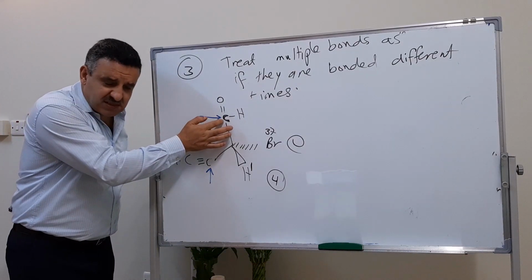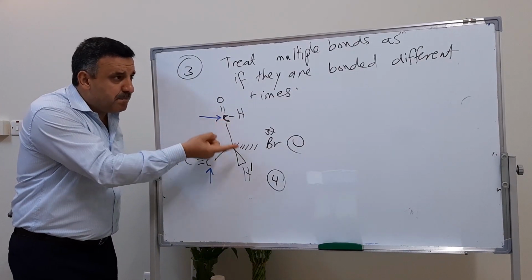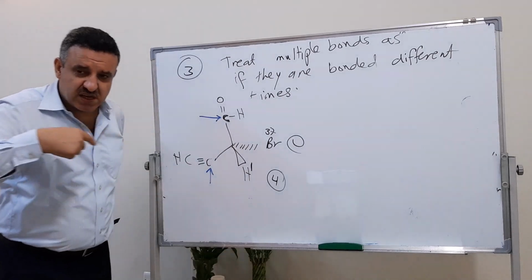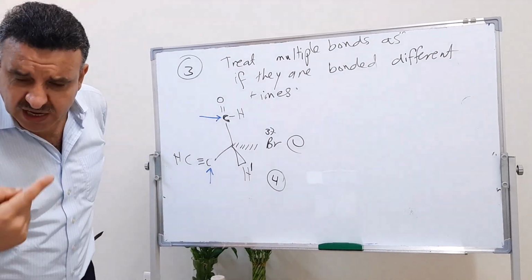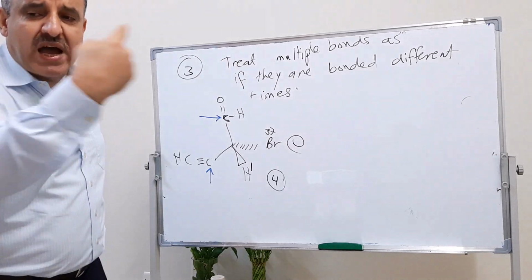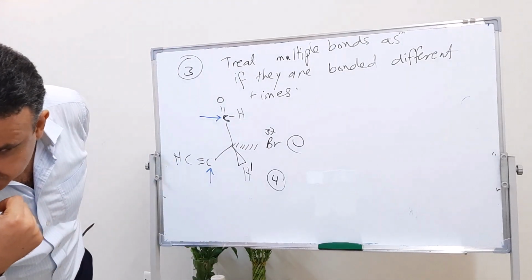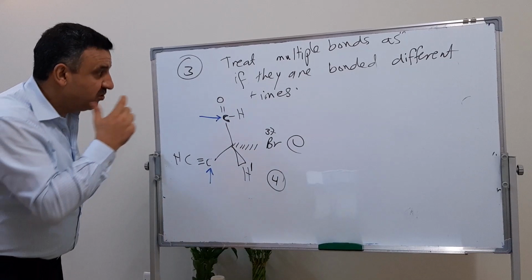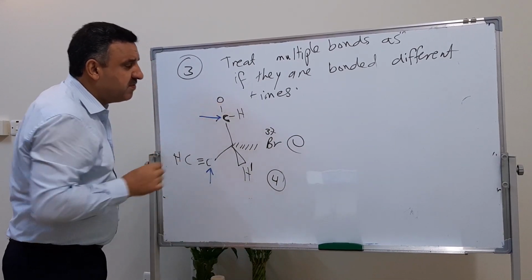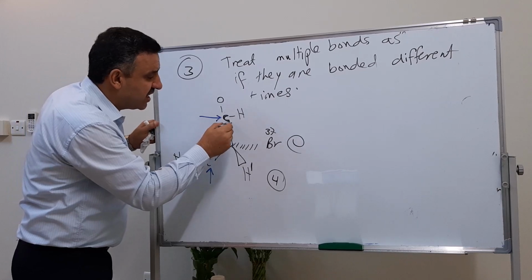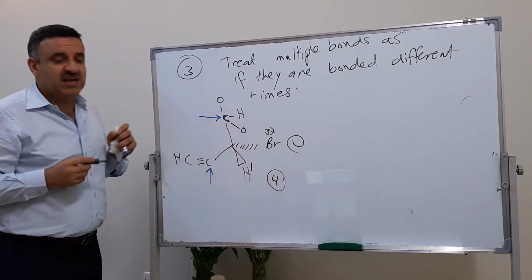This carbon is double bonded to the oxygen. It means we should treat it as if this carbon is connected twice to the oxygen. Is that clear? In other words, I should remove this and imagine that there is another oxygen attached to the carbon.